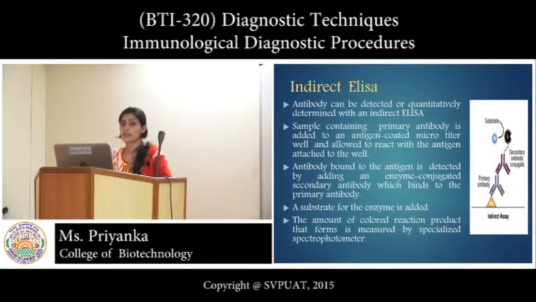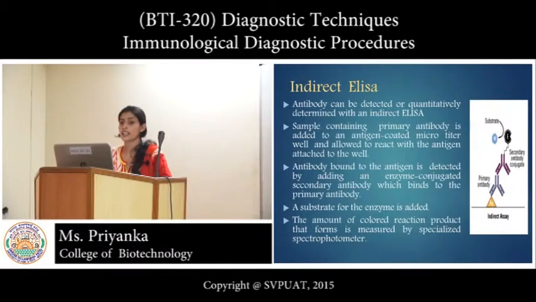Then a substrate specific for that enzyme is added, and the reaction between enzyme and substrate creates a colored reaction. The colored reaction is measured with the help of a spectrophotometer, and the sample containing the antibody is identified. So in indirect ELISA, basically we identify the antibody, the concentration of antibody in the sample.